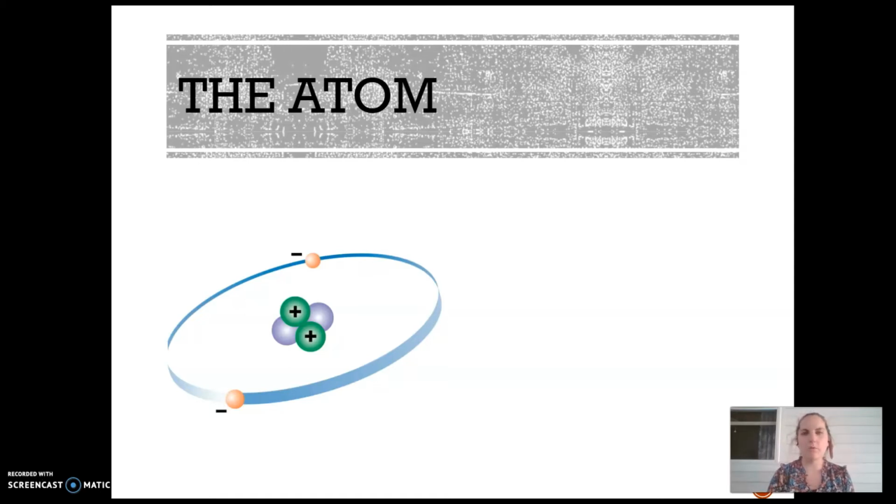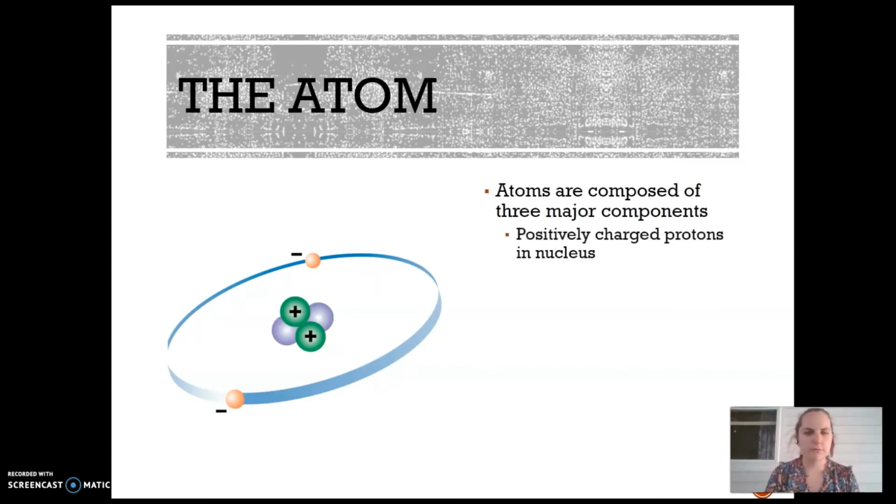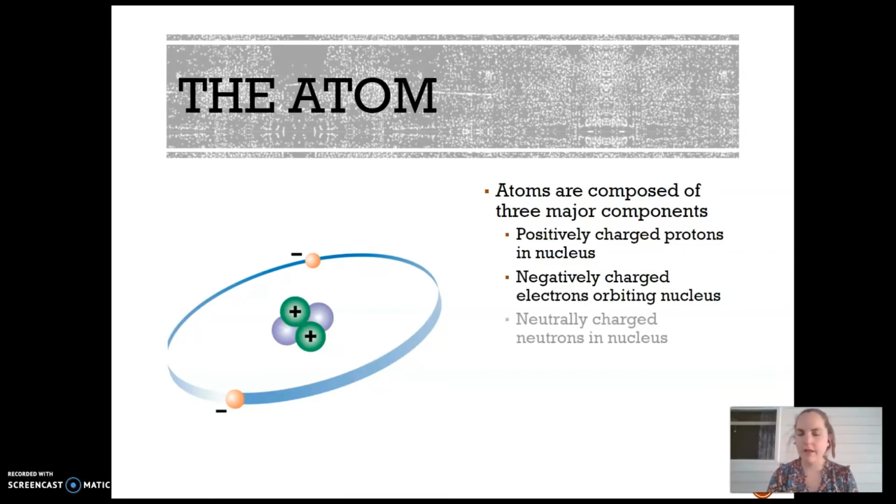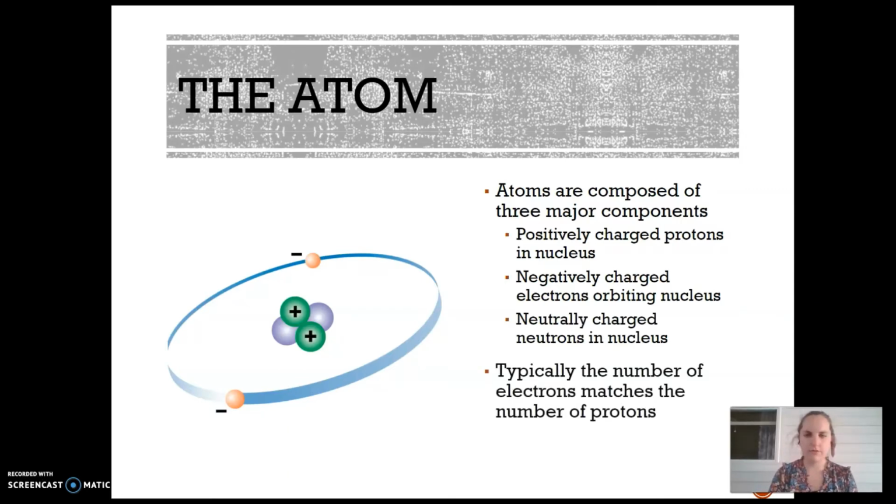What we know about this fundamental idea is that like charges repel and unlike charges attract. So again, atoms are composed of three major components: positively charged protons in the nucleus, negatively charged electrons orbiting outside of the nucleus, and neutrally charged neutrons inside the nucleus as well.